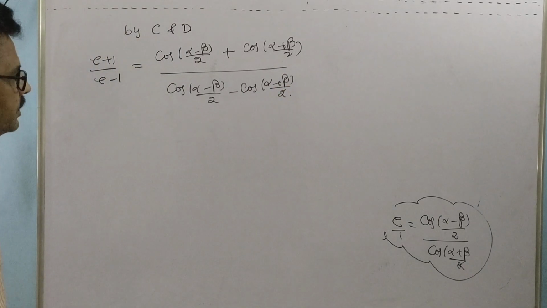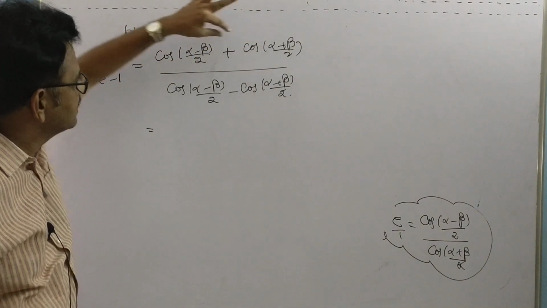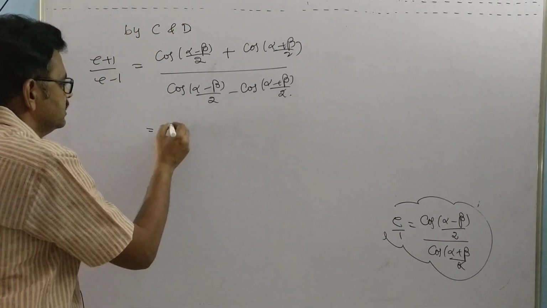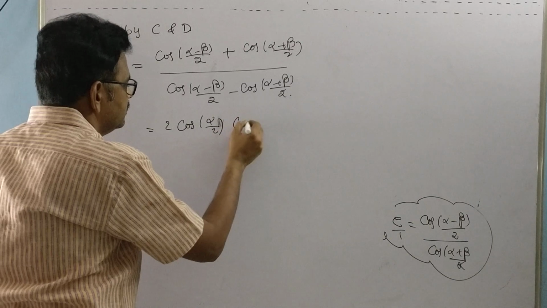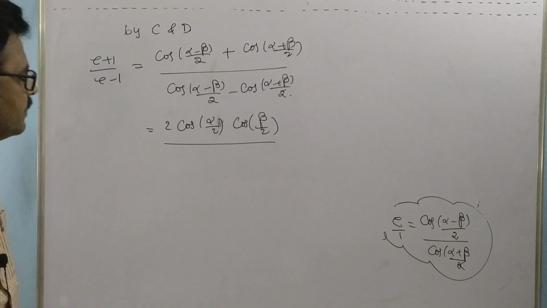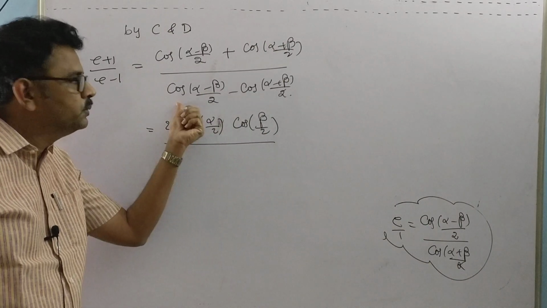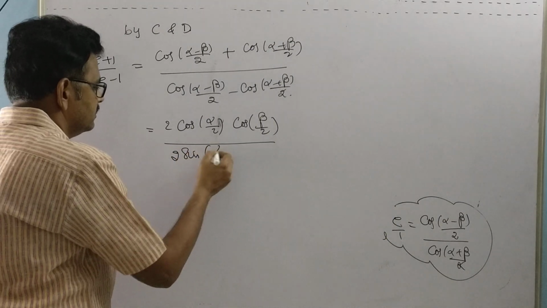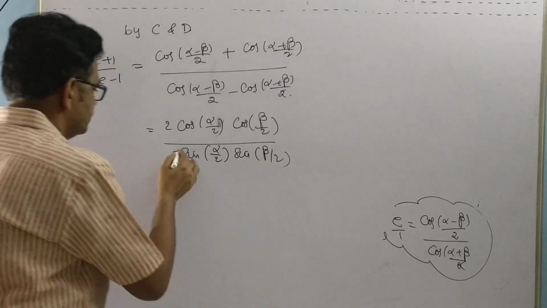Cos of (A plus B) plus cos of (A minus B) is equal to 2 cos A cos B, so this is 2 cos (alpha by 2) into cos (beta by 2). Cos of (A minus B) minus cos of (A plus B) is equal to 2 sin A sin B, so this is 2 sin (alpha by 2) into sin (beta by 2). So these two get cancelled.